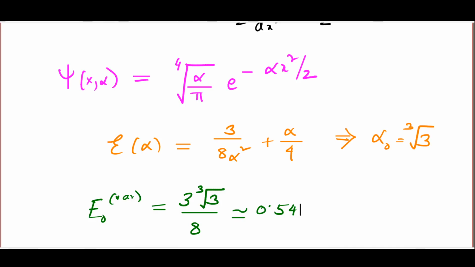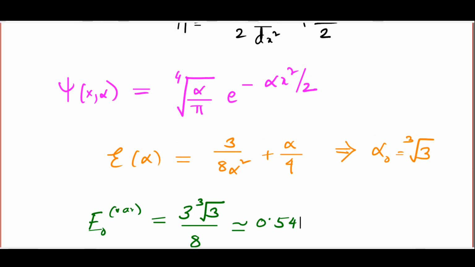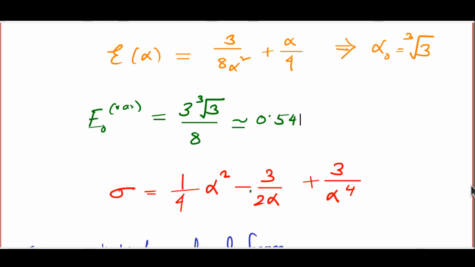We are now going to talk about how to use Temple's method to give you a tight lower bound. For this, we have to calculate sigma, that is the expectation value of H squared minus the expectation value of H, squared, the variance. The calculation is straightforward.